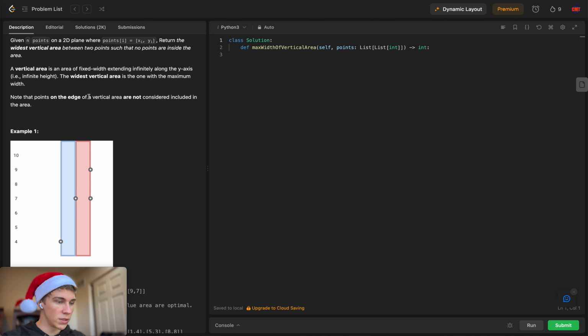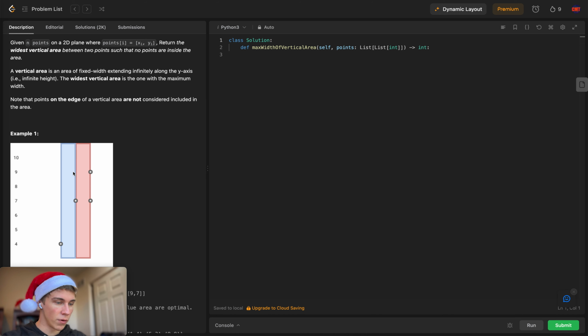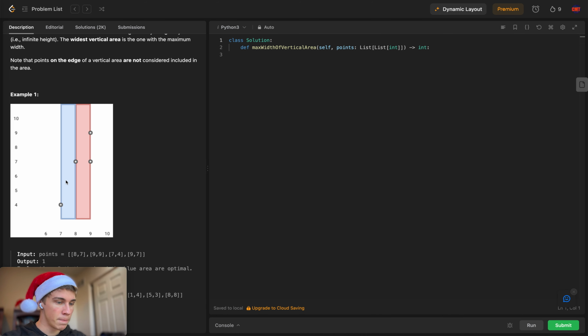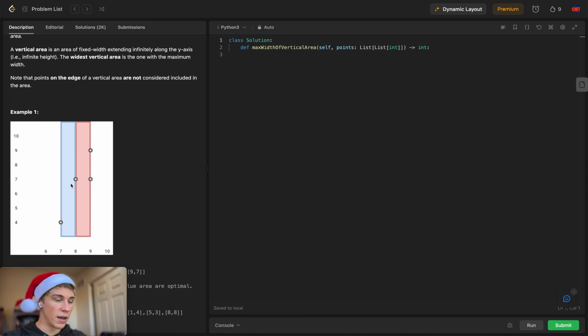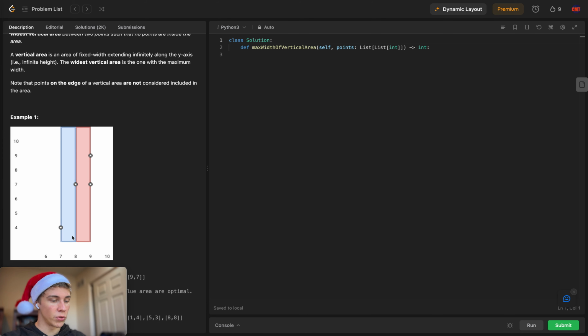So what does that mean? We have these vertical areas that are infinitely high, and the way that they're defined is by points that are bound to the left and to the right of those areas. If there was an ability to create another point here, there would be another rectangle connecting the rightmost and the leftmost point here.